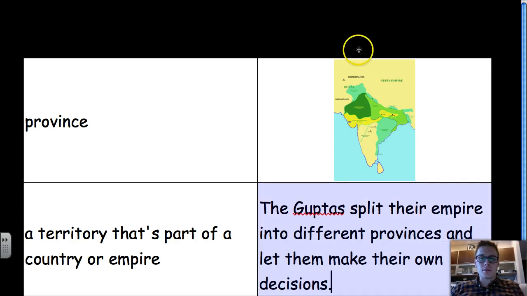Wow, that's a long sentence. This is actually one of the reasons the Guptas were able to lead to a golden age. They let the governors of the different provinces make decisions. So that helped them stay in power.